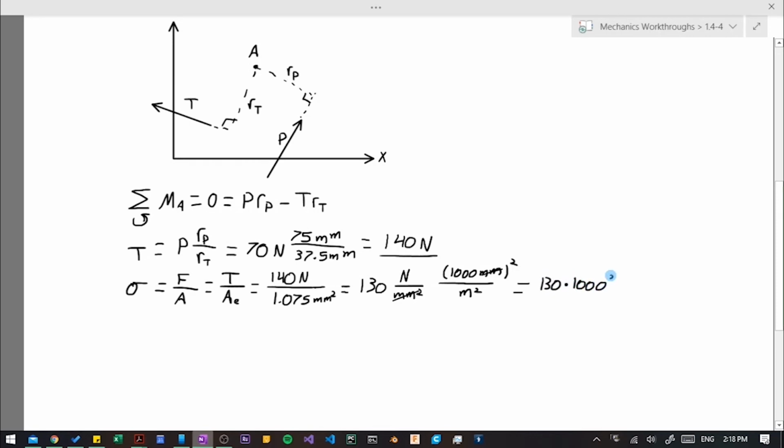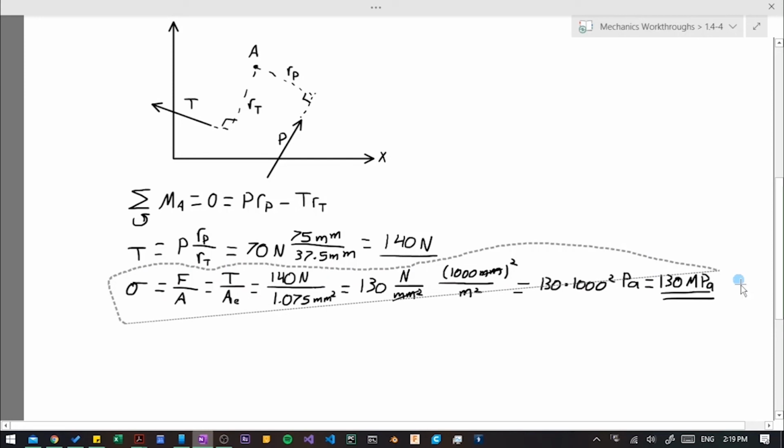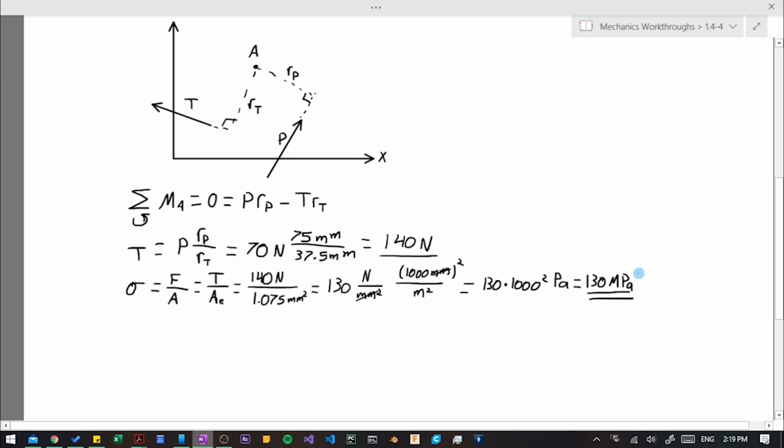So we have 130 times 1,000 squared pascals, and we can convert using our unit prefixes. The 1,000 squared goes away, and we use megapascals. That is one of our final answers. This is a little squished in here, so I'm going to move it just a bit. Since it is a final answer, I need to remember to draw an arrow from the margin and put our variable in parentheses.